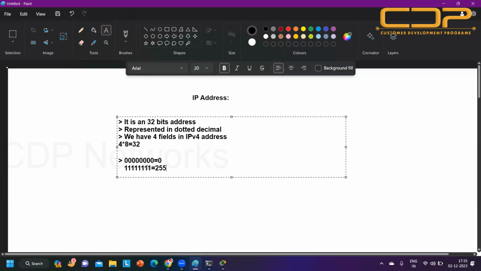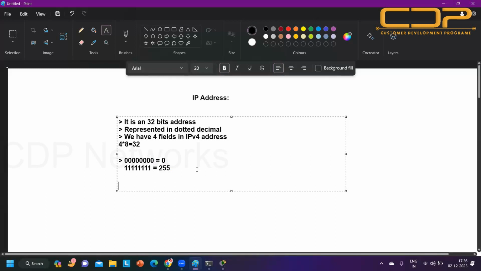If you convert this binary into decimal, you will get 255 here. So one field of an IP address will carry a value between 0 to 255. Minimum value can be 0 and largest value can be 255.